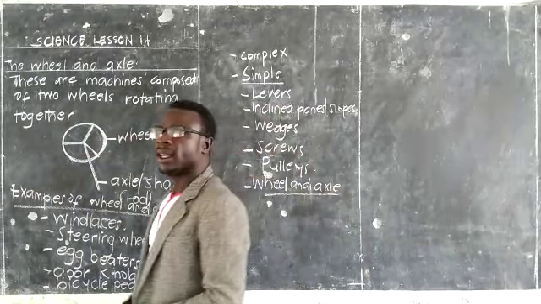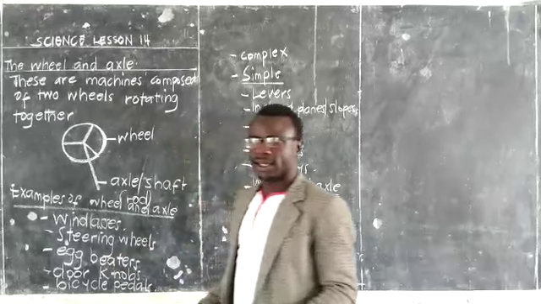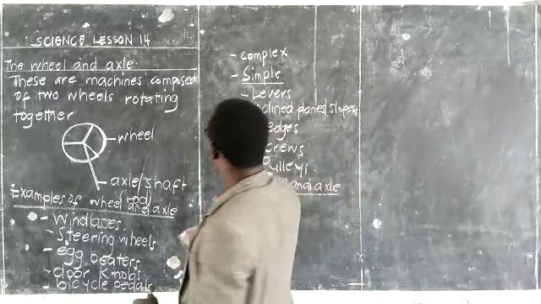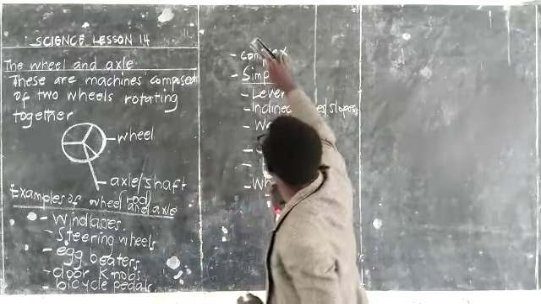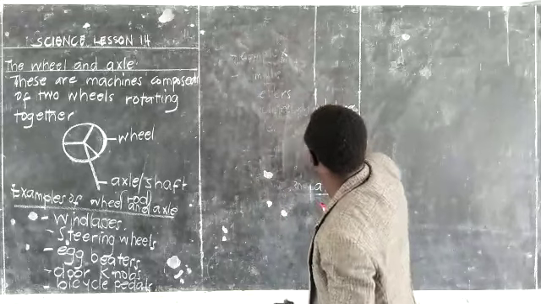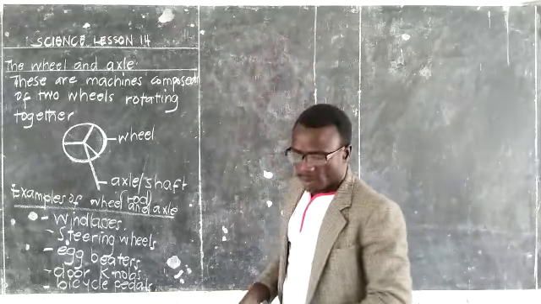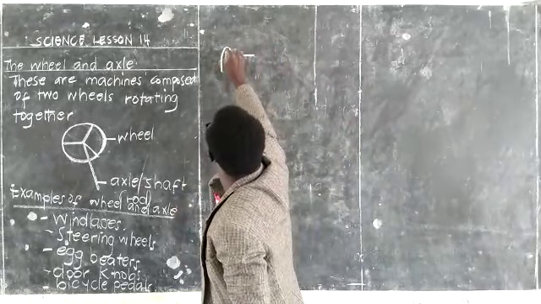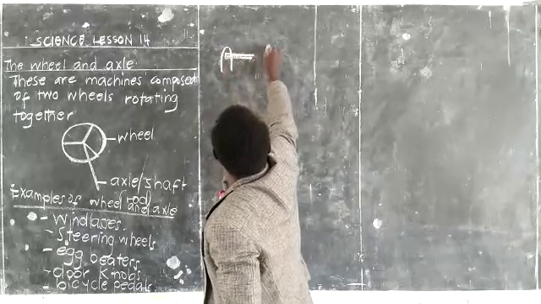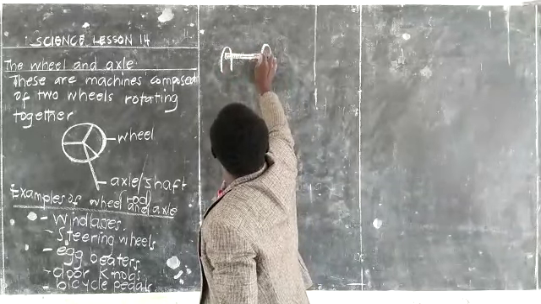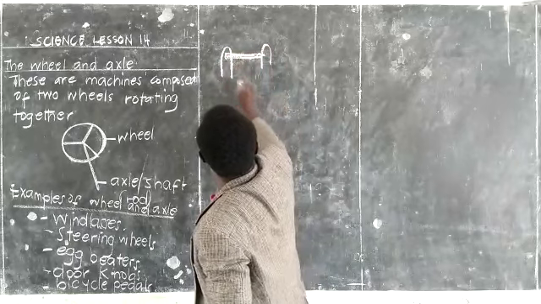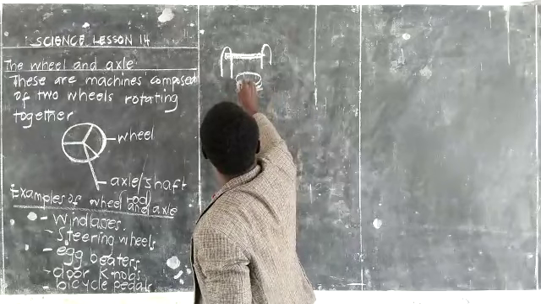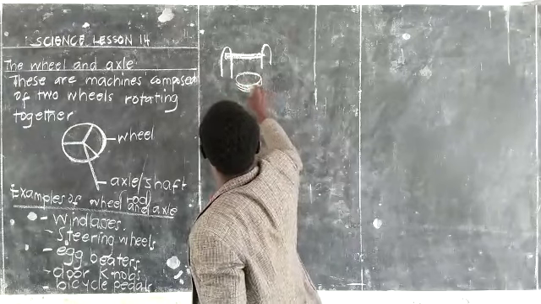Windlasses are used when drawing water from a shallow well. You have seen in some places we have wells, and these wells are constructed in such a way that a hole is dug deep and it is built using bricks or concrete.